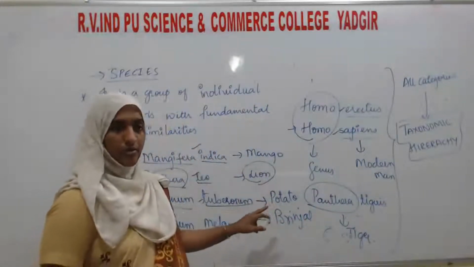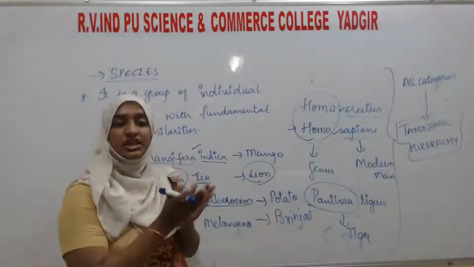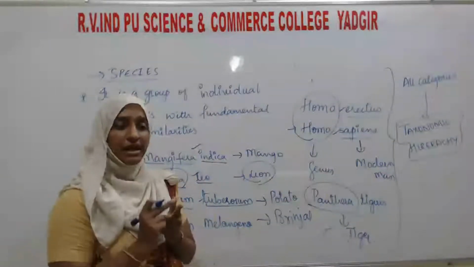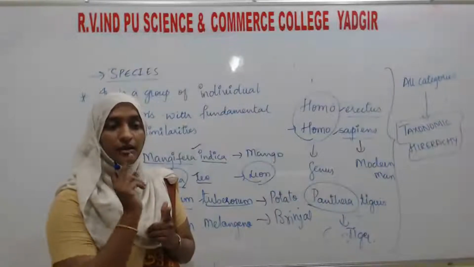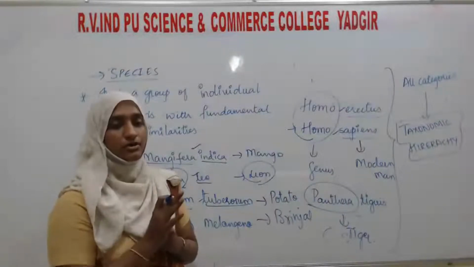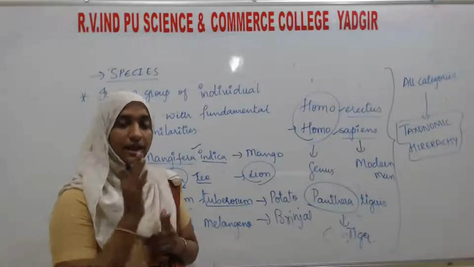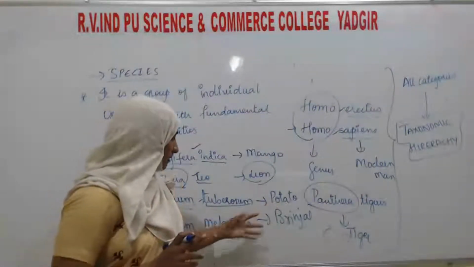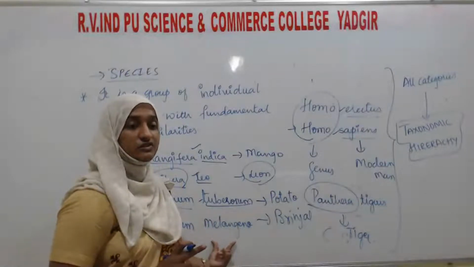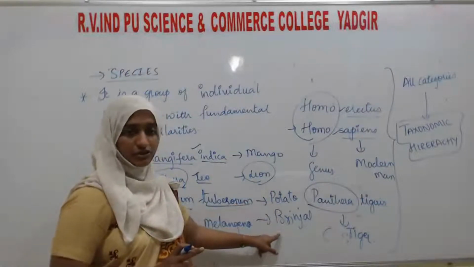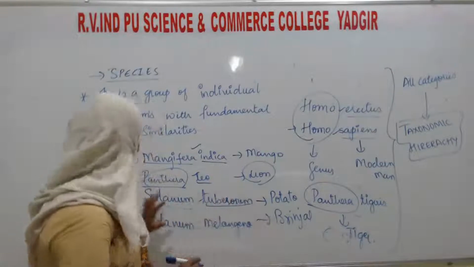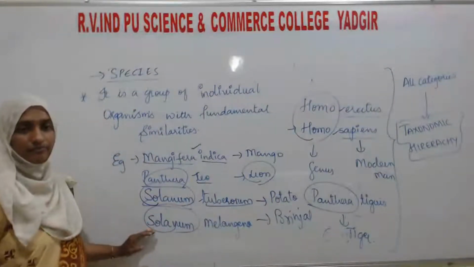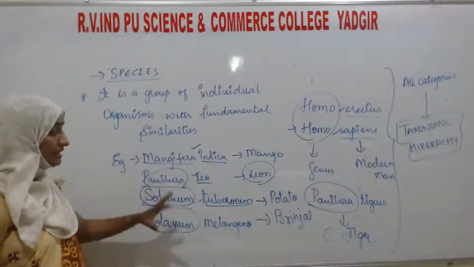No. Their size and shape are different. One important similarity among both is that they both store food. That is why they look similar. But they belong to different species. Potato is totally different from the brinjal. But they belong to the same genus, Solanum.